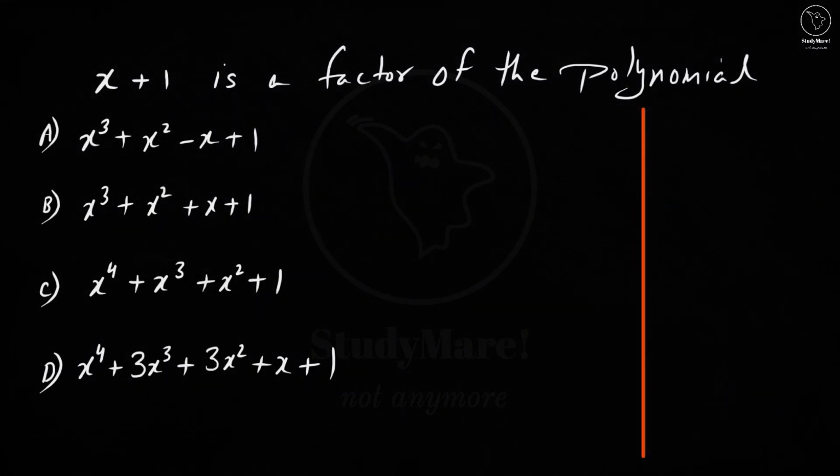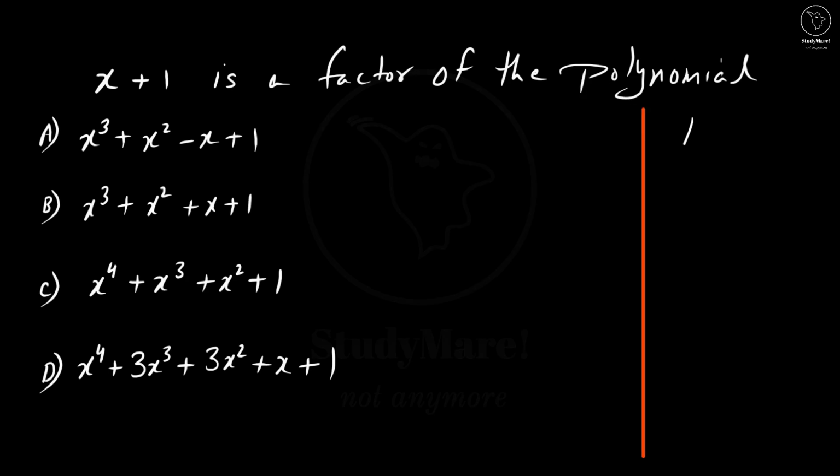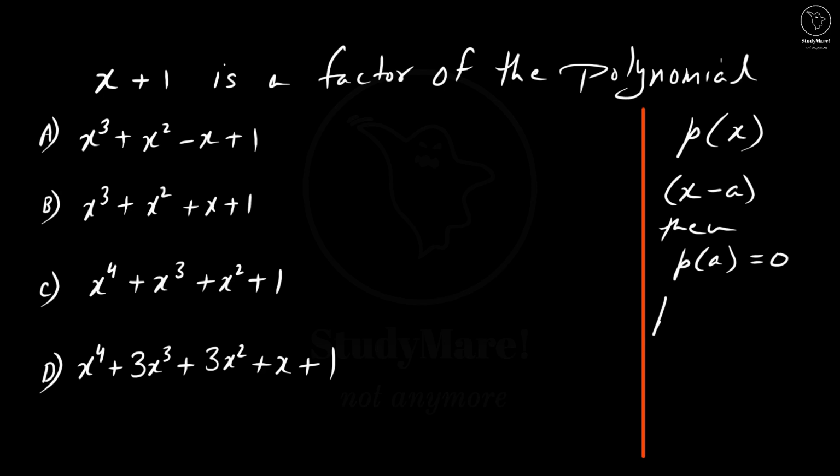Remember the remainder theorem. If we have a polynomial p(x) and it is divided by a linear polynomial x minus a, then p(a) is equal to 0. It means that here x plus 1 is a factor, so p(x) must be equal to 0 when we take x plus 1 as a factor.